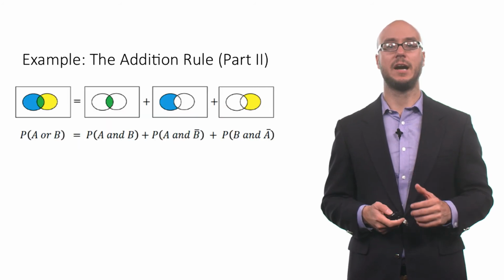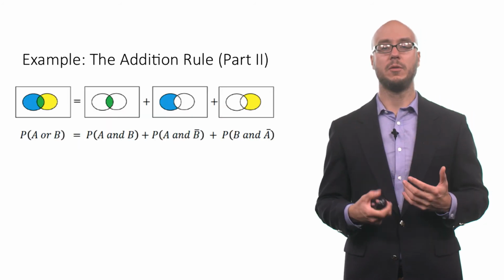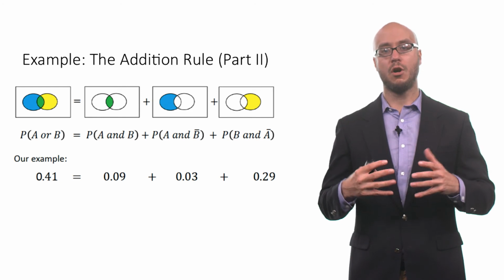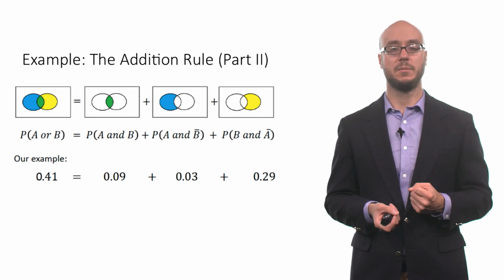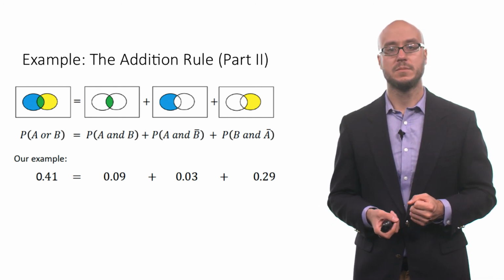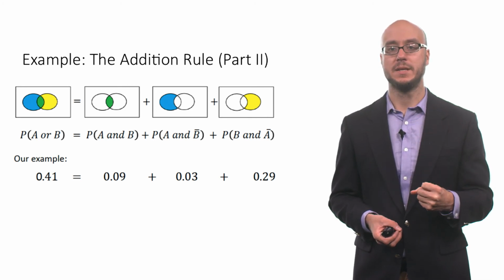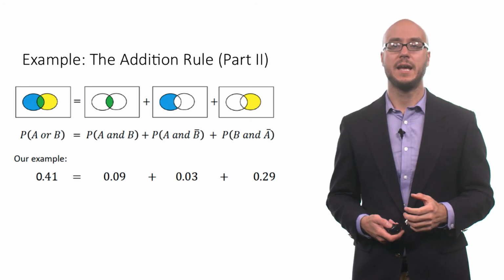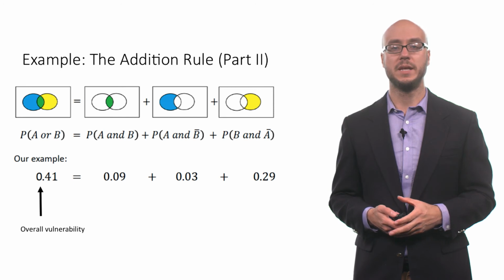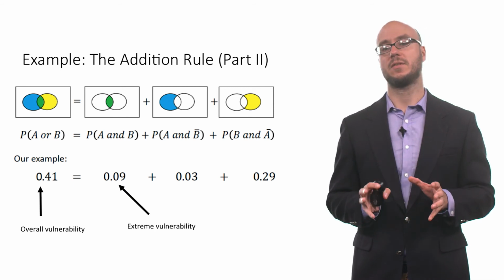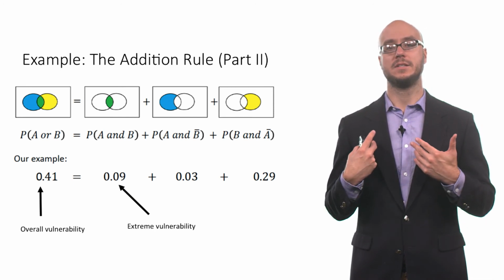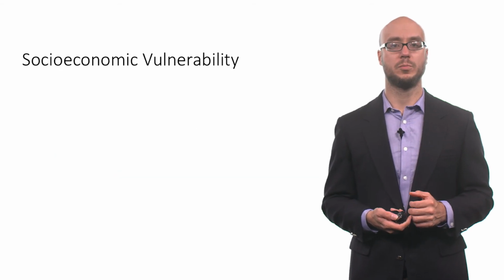It's a slightly different calculation. To put it another way, we can view the overall measure of being socioeconomically vulnerable in terms of the probability of A and B, plus the probability of only A and the probability of only B. Again, it's a slightly different way of calculating this measure of overall vulnerability.